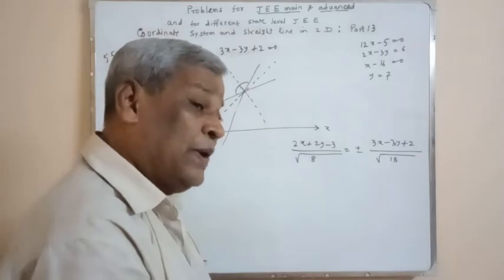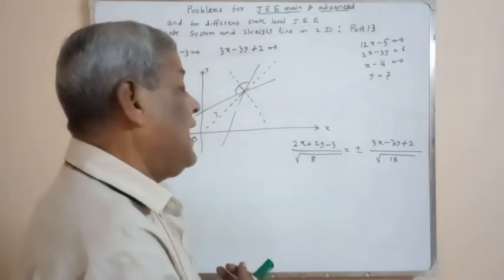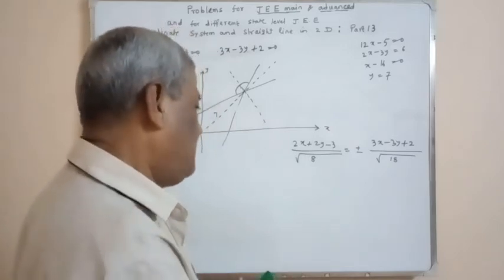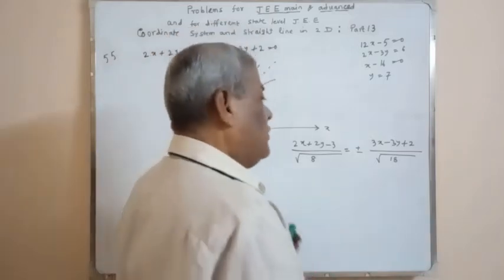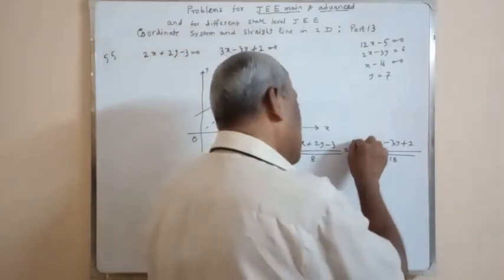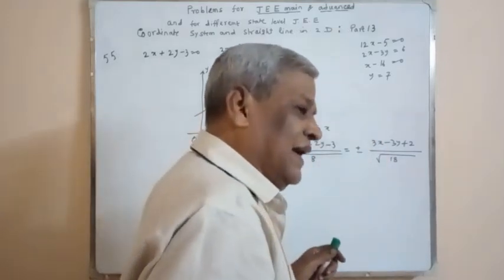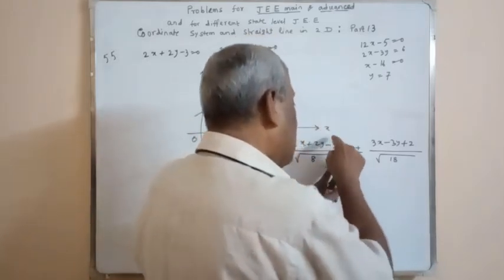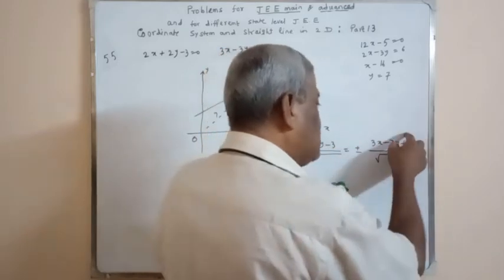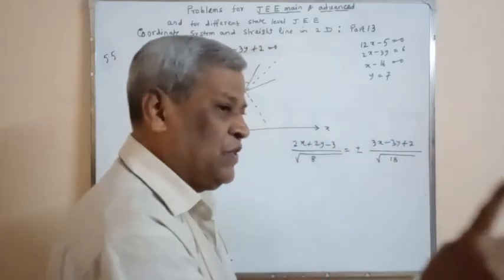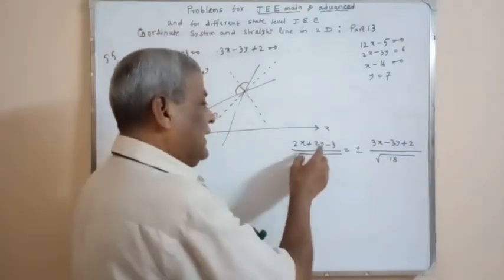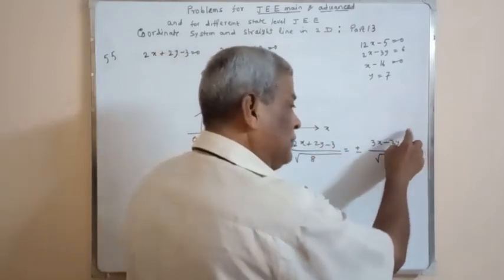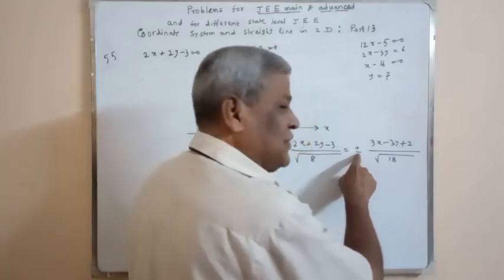Now, as I told you earlier, for the bisector of the angle which contains the origin, we have to choose the plus or minus sign in such a way that the constant term in the left hand side and the constant term in the right hand side are of the same sign. Here this constant is negative, so we have to make it negative. For that purpose we have to choose this negative sign.